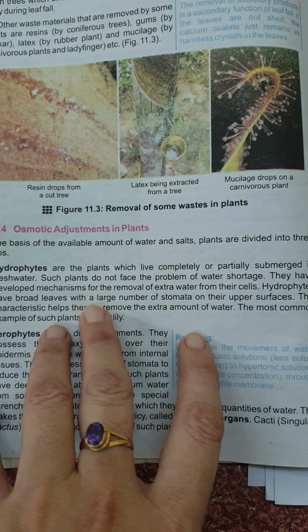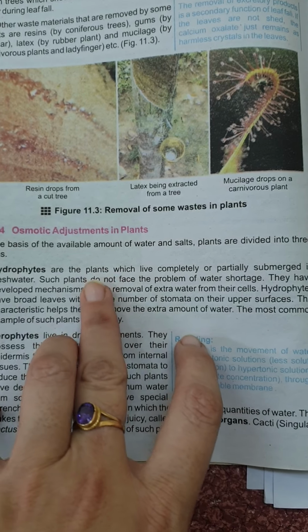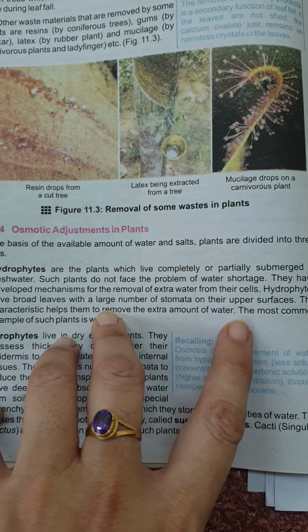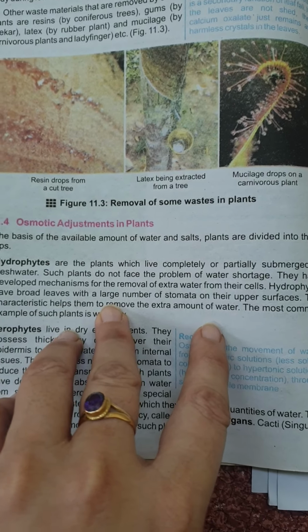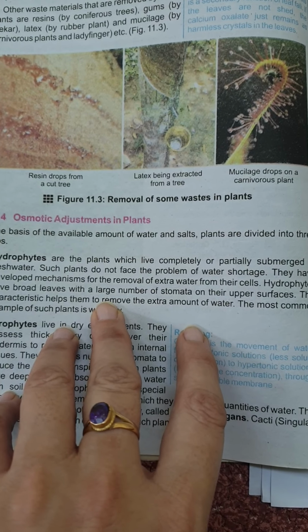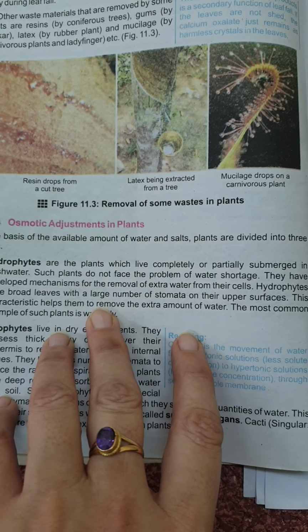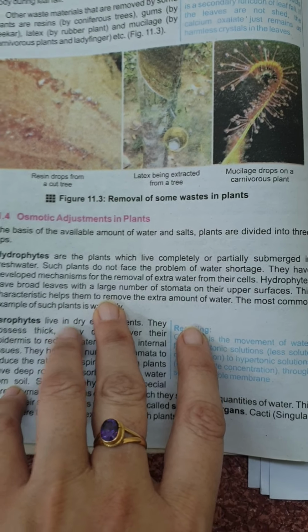So these are the characteristics of the hydrophytes when they face an abundant amount of water, and how they keep their internal environment safe from the toxicity or harms of abundant water.